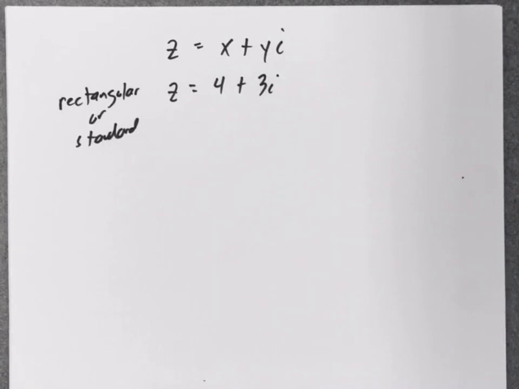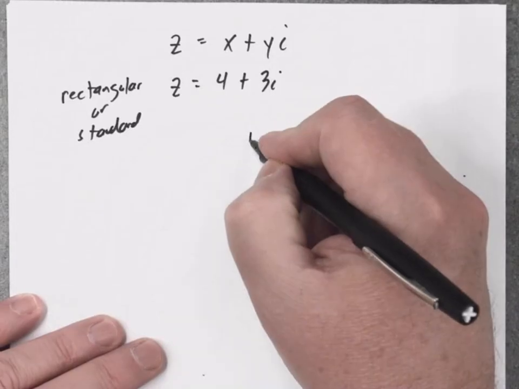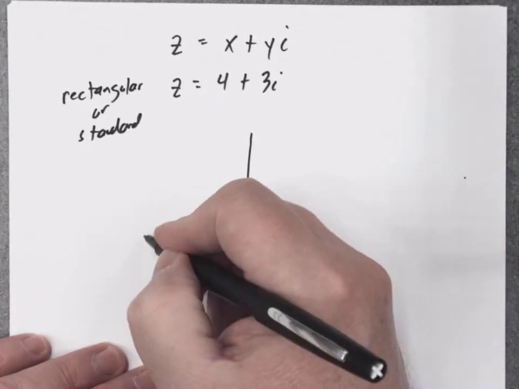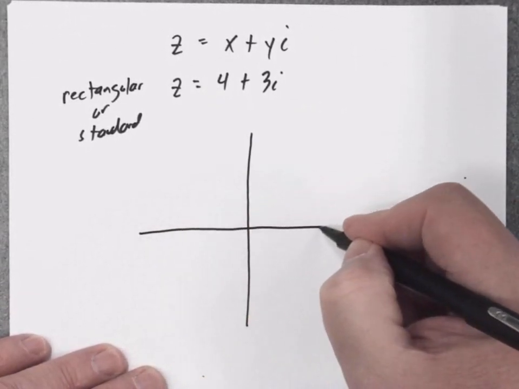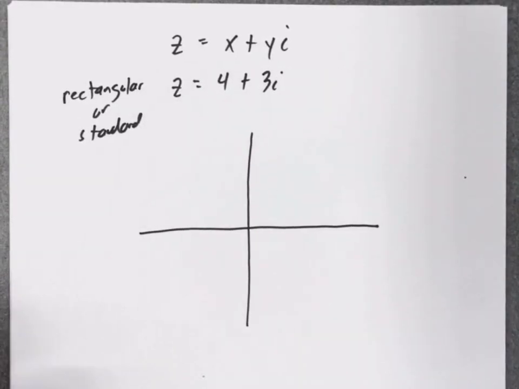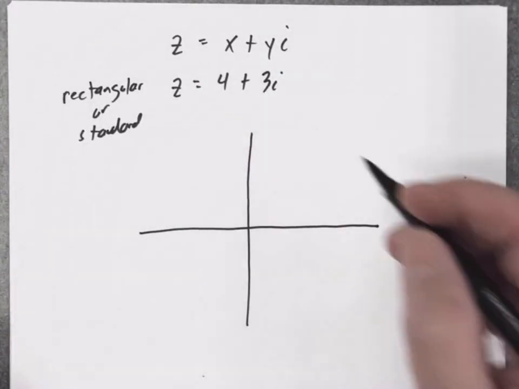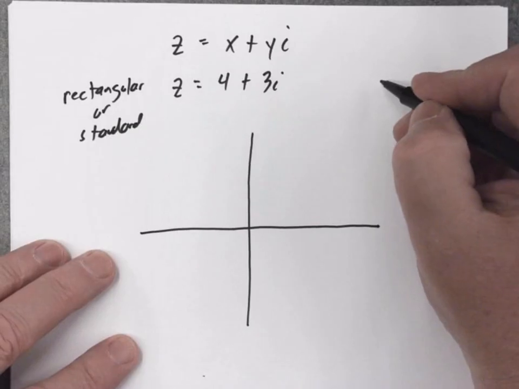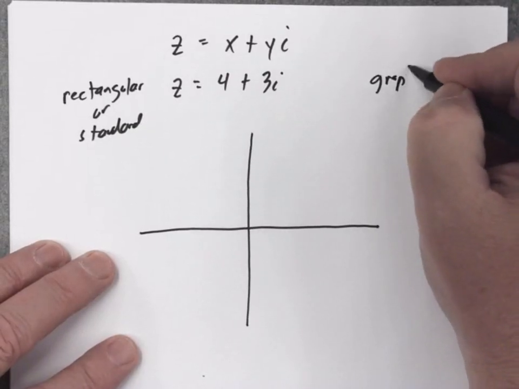Now, the first thing they decided to do was create some graphs. They want to graph complex numbers.